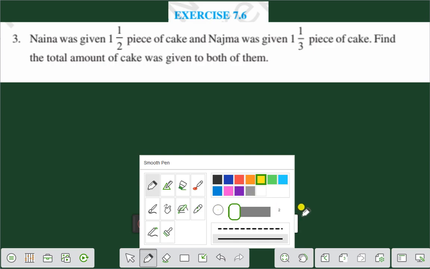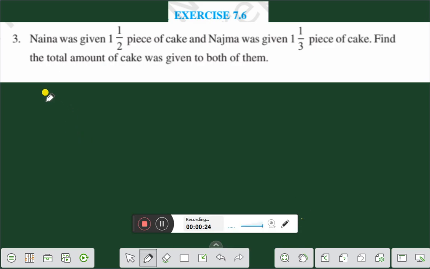You see, Naina was given one whole 1 by 2 piece of cake, right?